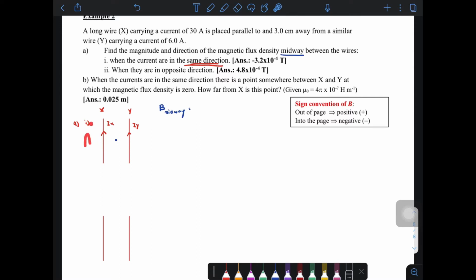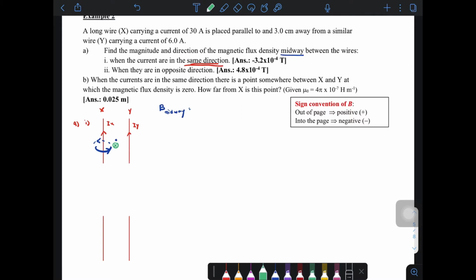Kita punya thumb ke atas sebab current kita ke atas. Kita punya 4 fingers akan grip. So B-nya akan around the wire. So B akan bergerak anti-clockwise. And sampai dekat tengah-tengah ni, B-nya akan masuk ke dalam page. So dia akan cross into the page.